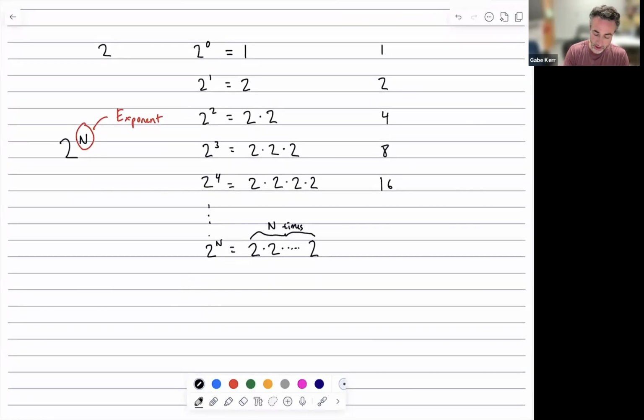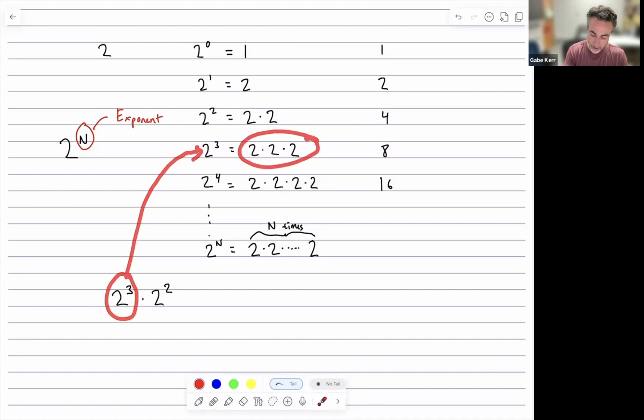If we have, as an example, 2 to the power 3, sometimes said 2 cubed, and we multiply by 2 to the power 2, sometimes said 2 squared, let's think about what this is. This is this, and this is this.